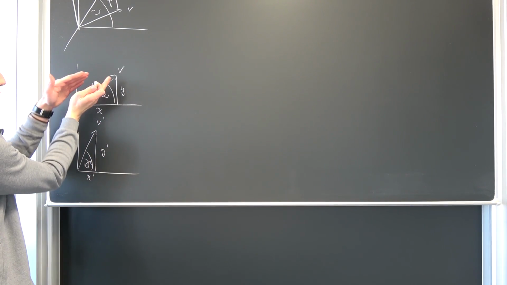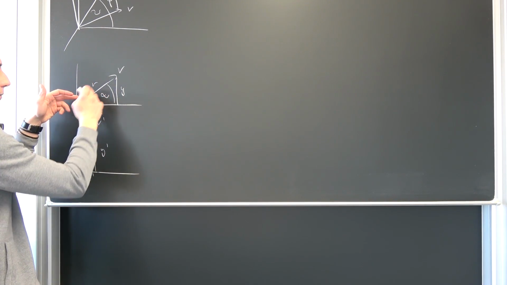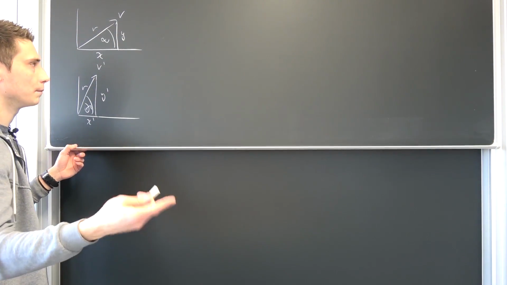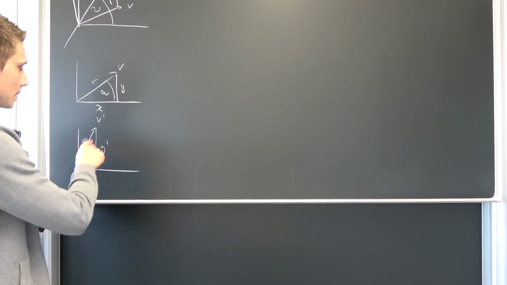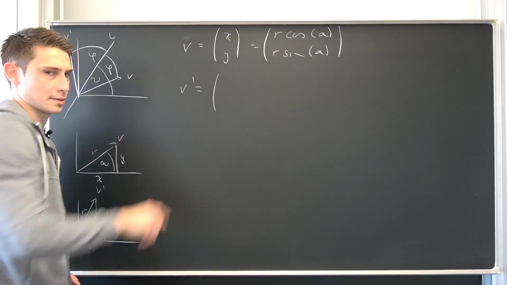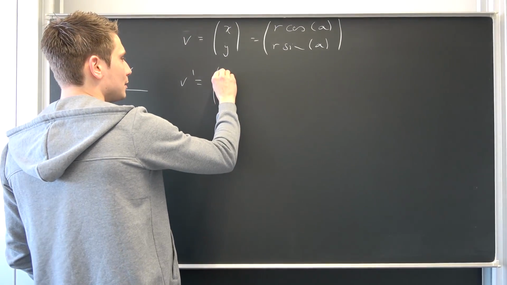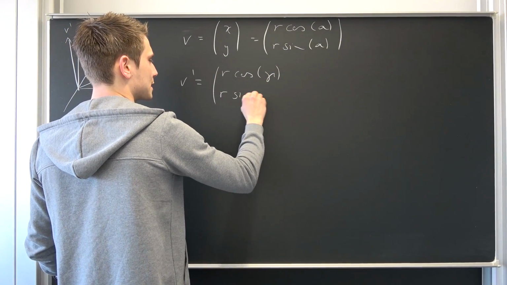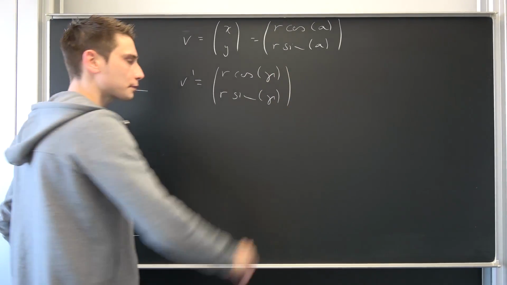If we reflect this vector, our magnitude really doesn't change. It's the same magnitude. Meaning, once again, v prime consists of some x prime and y prime coordinate, namely r times the cosine of gamma and r times the sine of gamma.